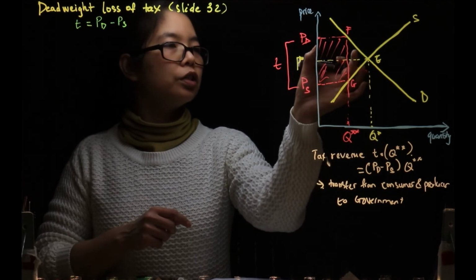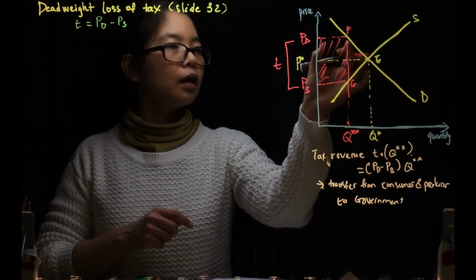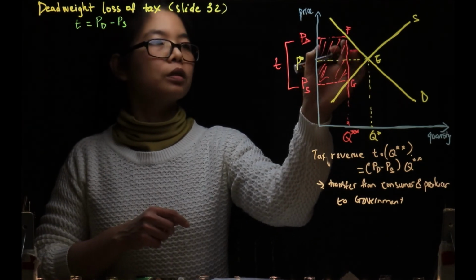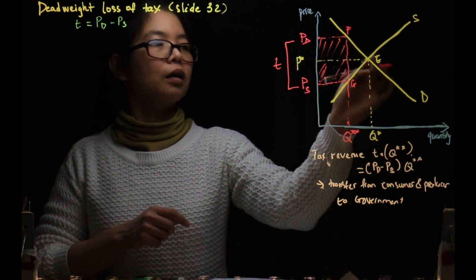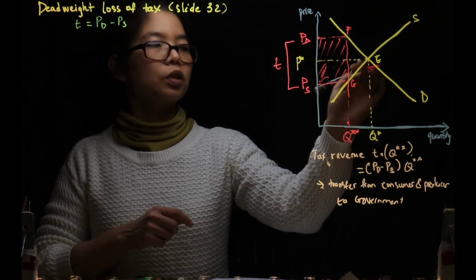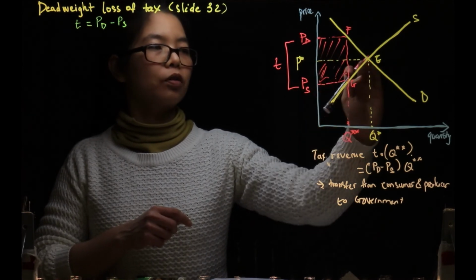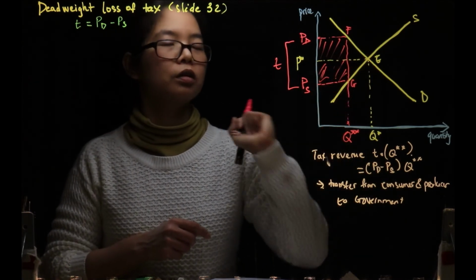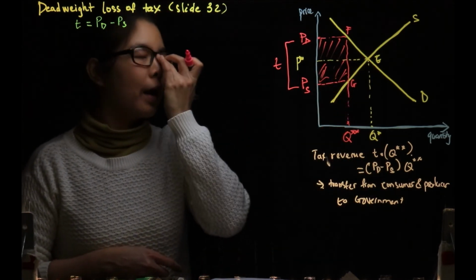And because originally this upper half of the rectangle is from the consumer surplus and the lower part is from producer surplus, now this part got transferred to government.